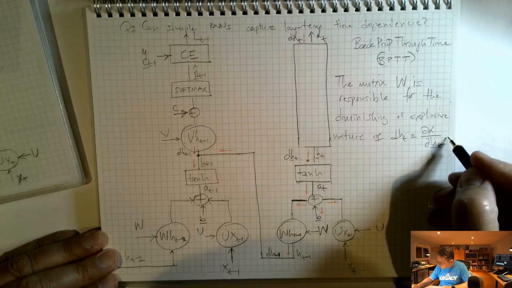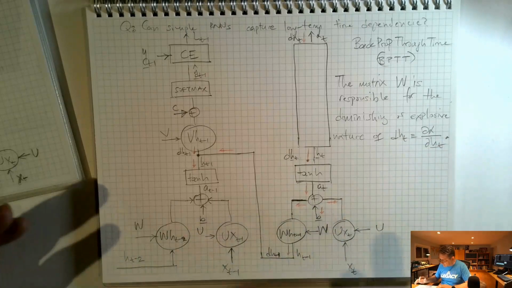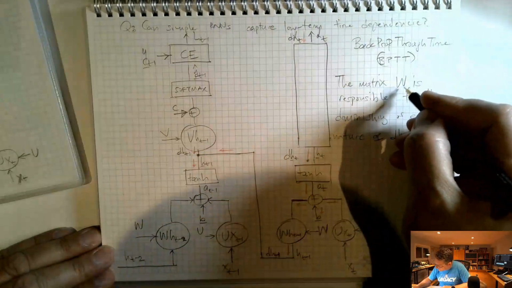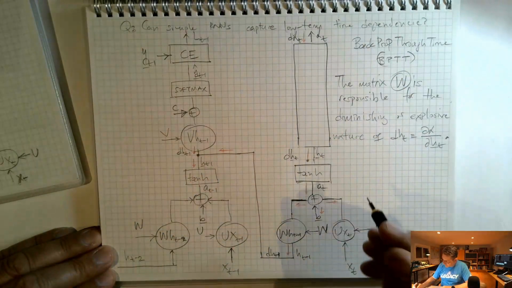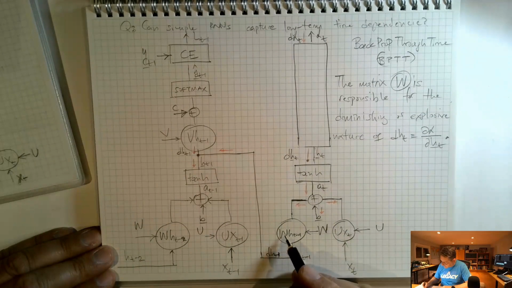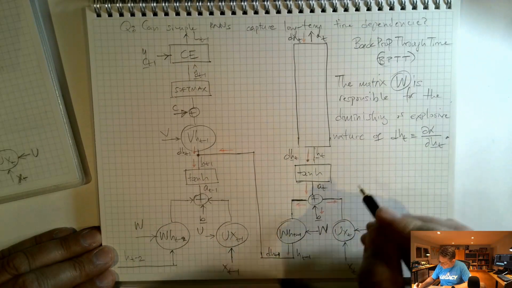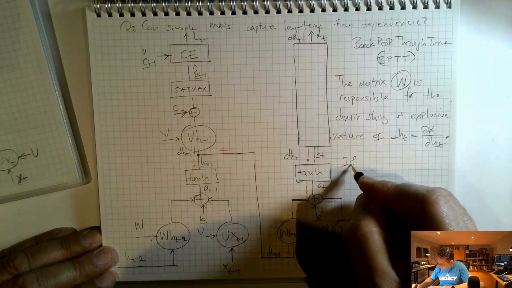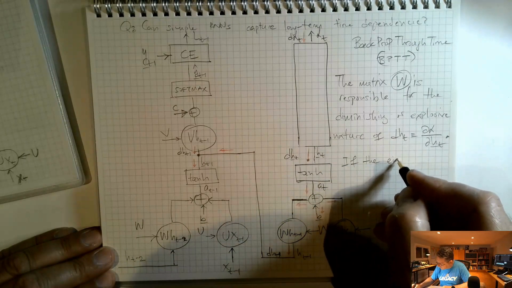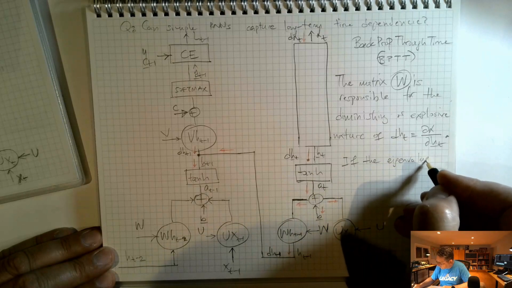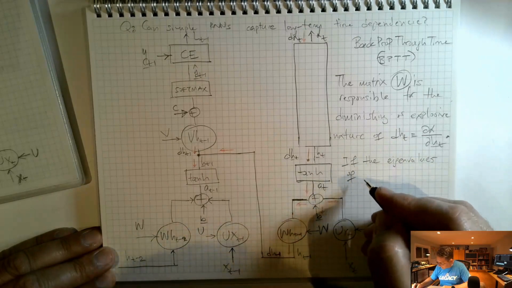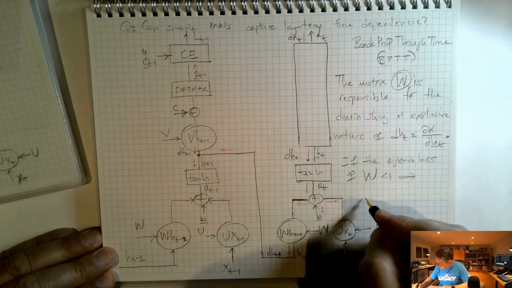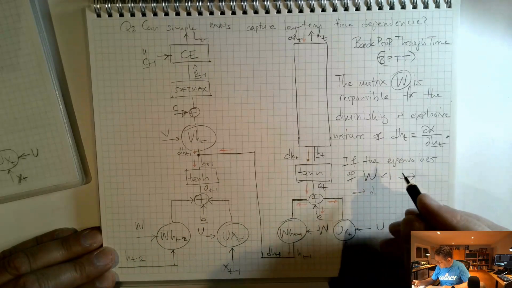And you can actually see and show, the proof is outside of this discussion, that the structure of this matrix W matters, because it is being involved in this backpropagation process. If I can say that if the eigenvalues of W are less than 1, then effectively we have a diminishing situation.